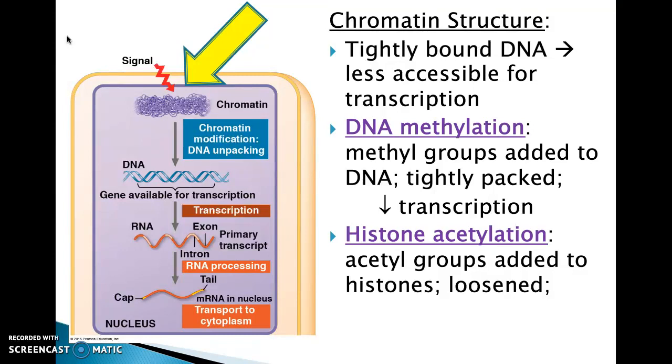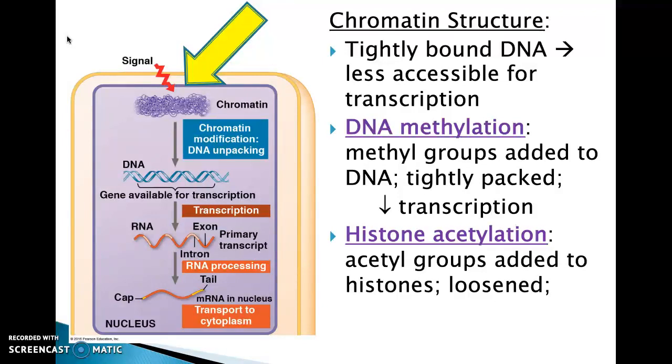An acetyl group is a carbon that is double bonded to an oxygen, and that carbon is also attached to a CH3, a methyl group as well. So again, acetyl is C double bonded to oxygen and also bound to a methyl group.